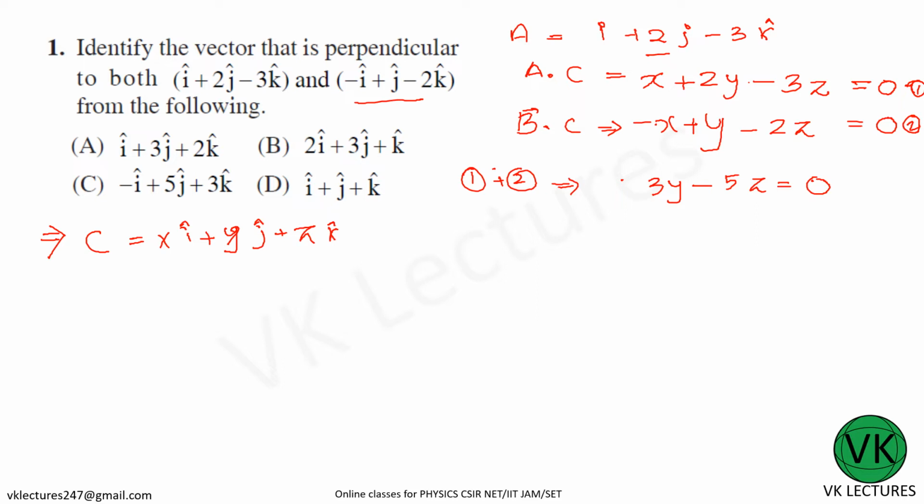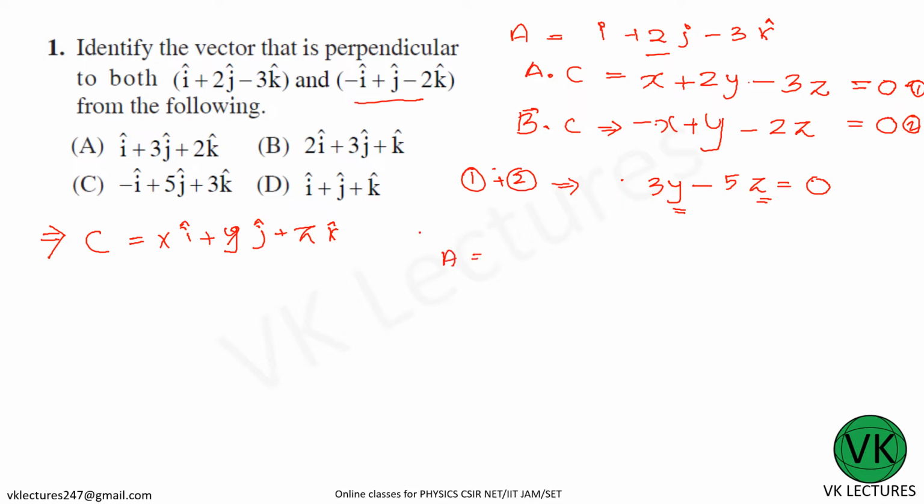Now take each option and check the coefficient of y and z and put it equal to this. For example, now we will check with option A. What is option A?